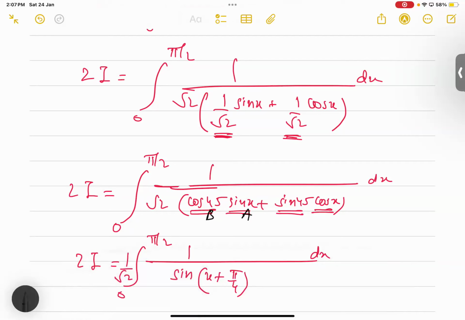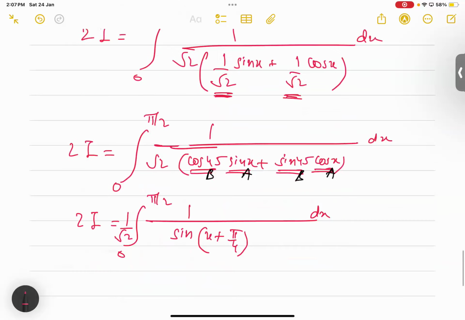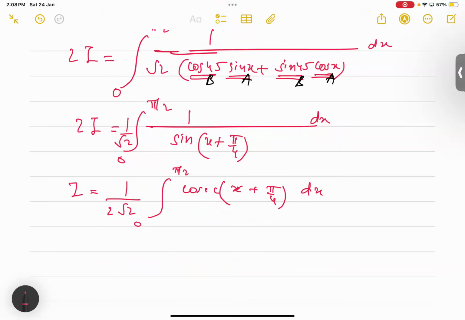What is 1 upon sin? 1 upon sin is cosec. Yeah, I took this 2 down.